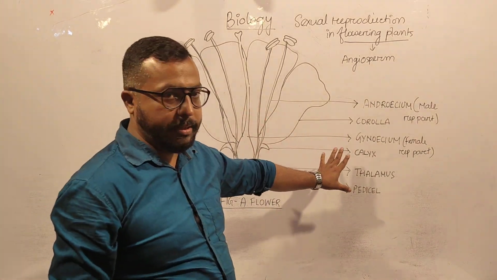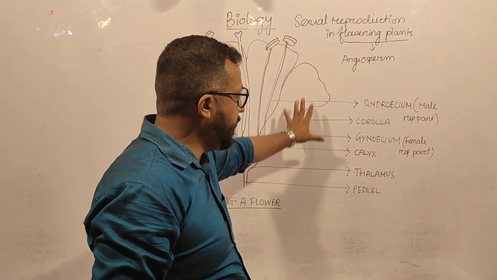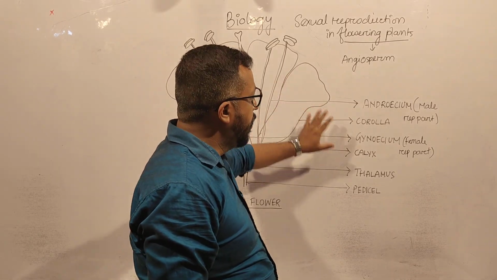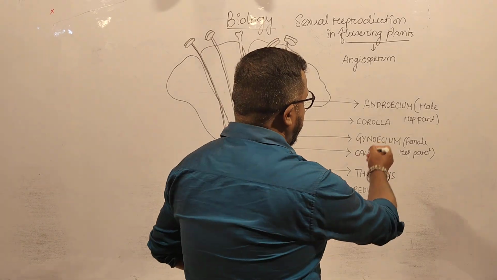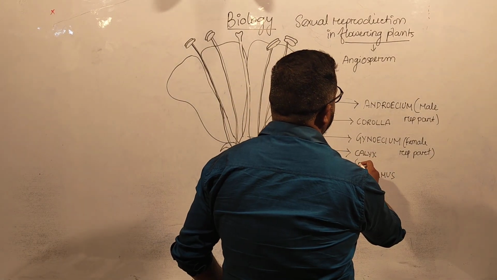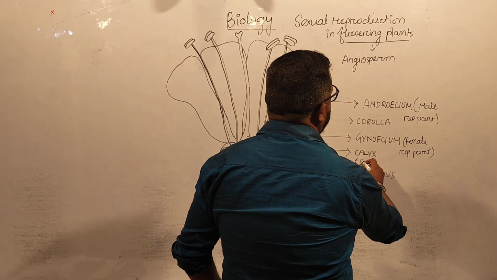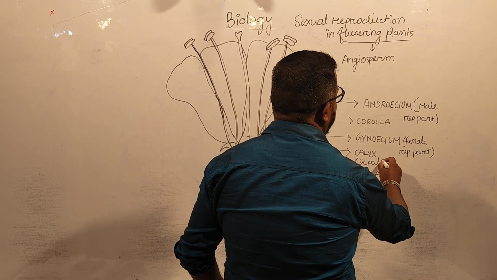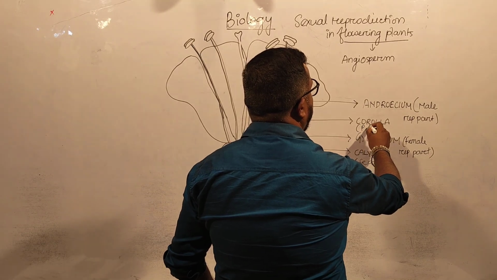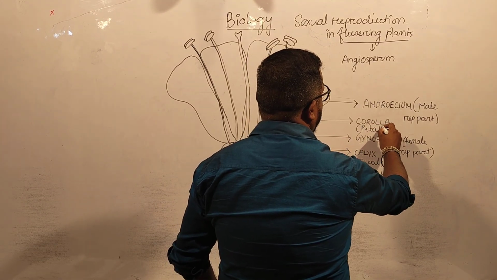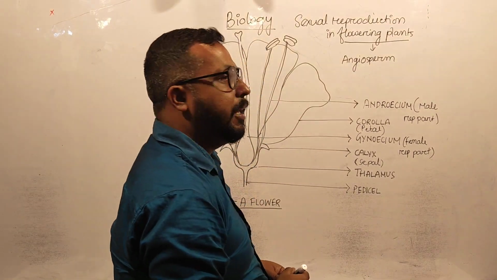Now each of these whorls are made up of some parts. What are those? The calyx is made up of certain parts which are called sepals, S-E-P-A-L. Corolla is made up of certain parts that are called petals. Sepal and petal.